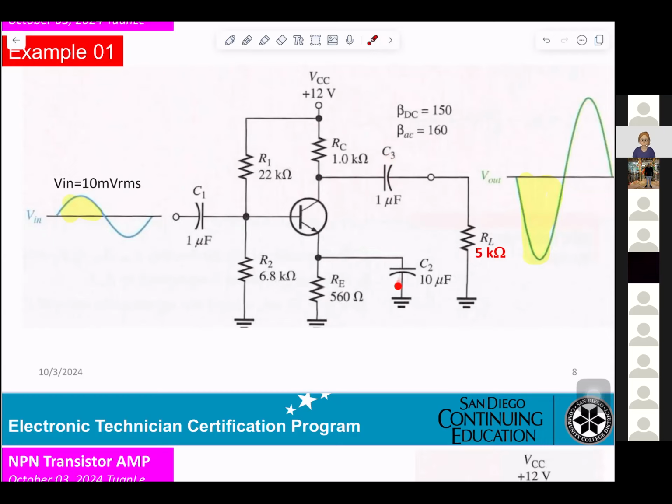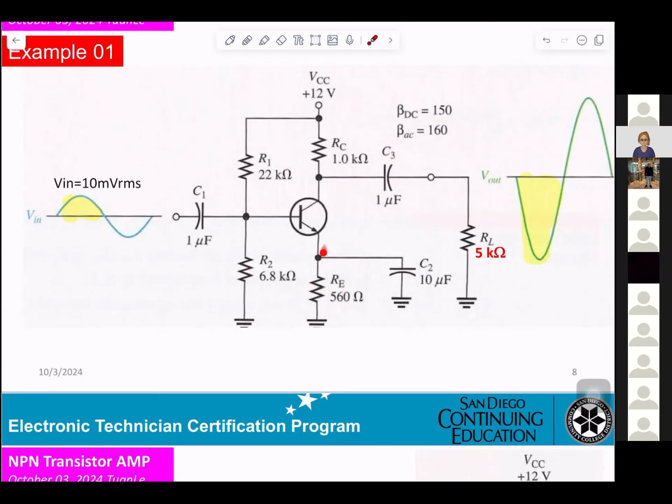And the last one, C3. C3 is the bypass capacitor. What do they bypass? They bypass the AC signal, sending it to the route. That means it does not go to RE. So they bypass RE.